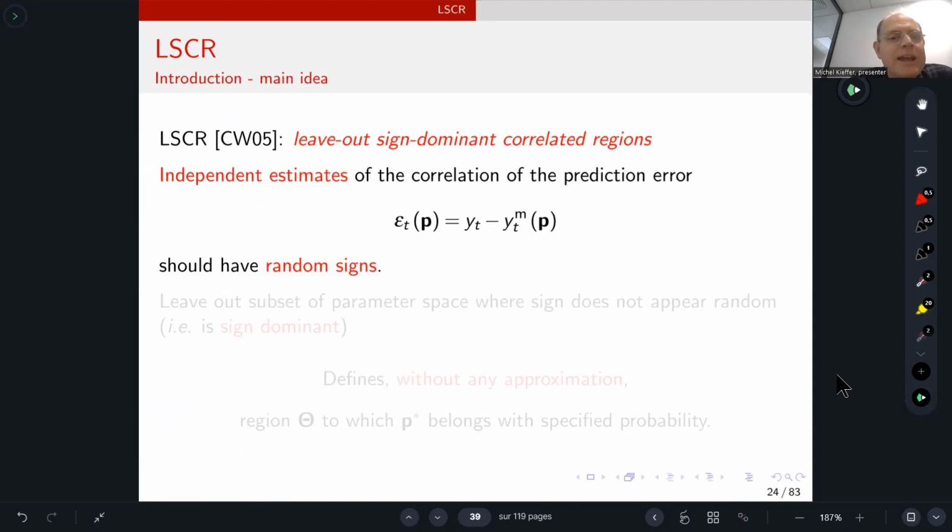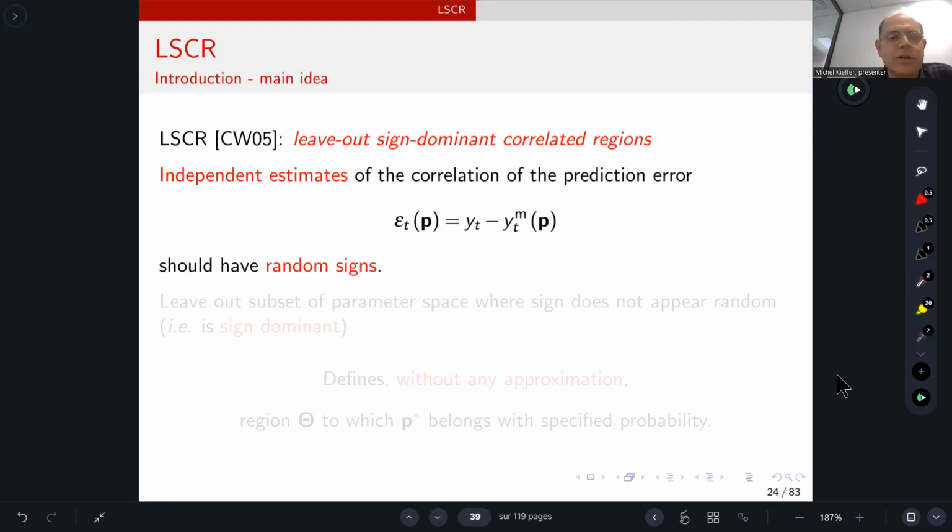The main idea is that, considering again the estimation residual, if you consider a value p of the parameters, and you consider correlations of this estimation residual, typically for an estimate, you know that the value of p that you estimate should make sure that the epsilon of t does not always have the same sign.